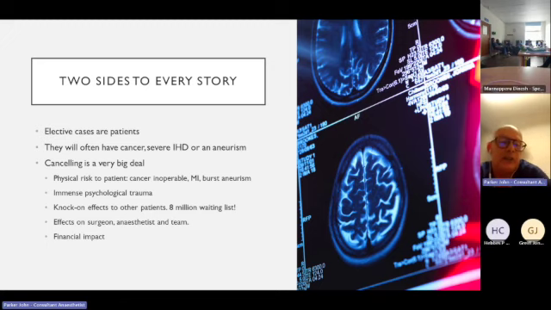Particularly our surgeon, I think, the anaesthetist I might put in parentheses, but the surgeon will be psychologically prepared to do a major operation, and having that plan taken away from them will have a big psychological effect. Having a theatre potentially running much less efficiently due to the cancellation, or even standing empty, will have a huge financial impact.